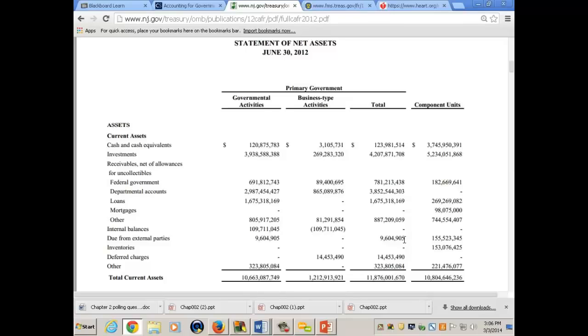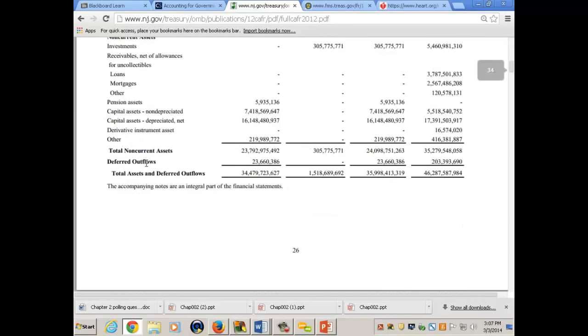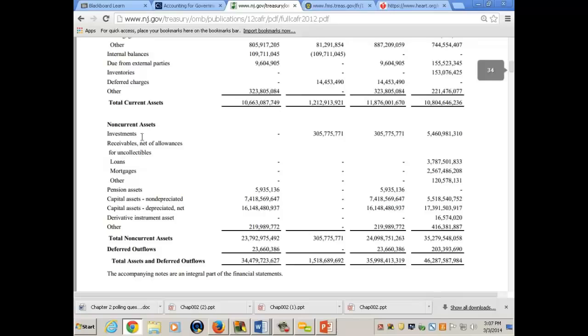See fiduciary activities here? Only what? Governmental and business type, right? Assets, non-current assets. Now, if you were taking this course 2 years ago, we wouldn't have this next thing, which is these new standards that have come up. See the word deferred outflow?